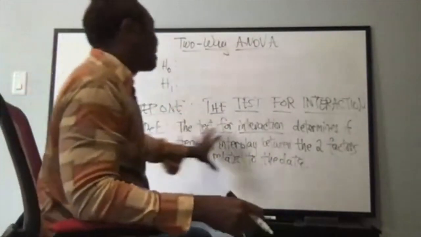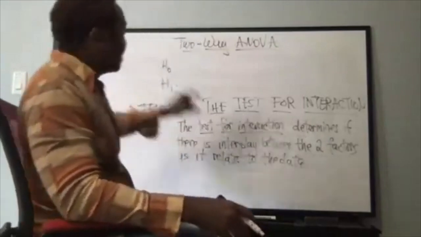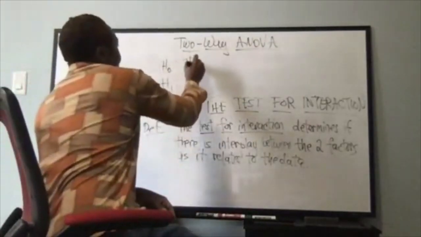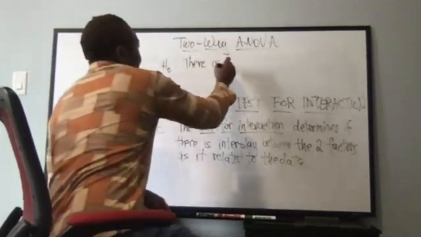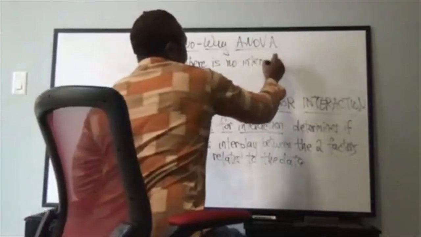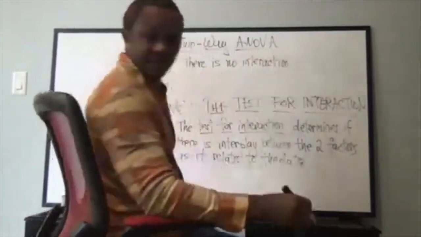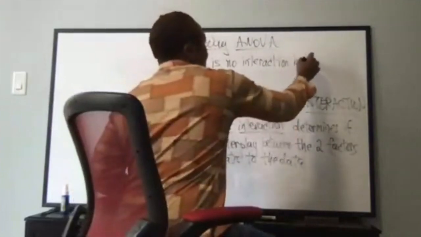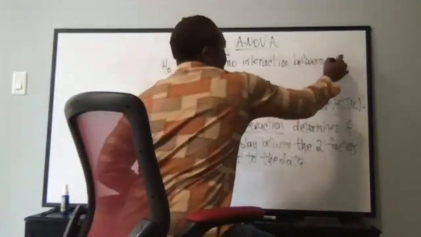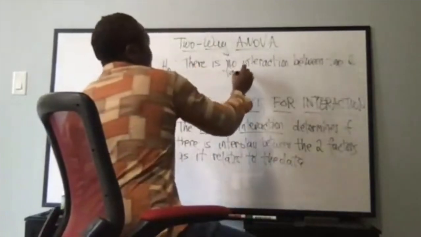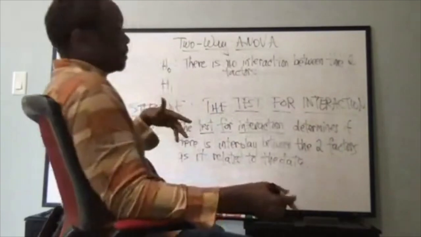Okay, so this is an interaction definition, but this is what I expect to see here. We'll say the null hypothesis is there is no interaction between the two factors, factor A and factor B.